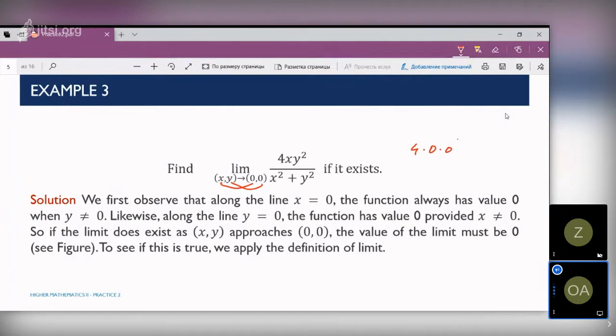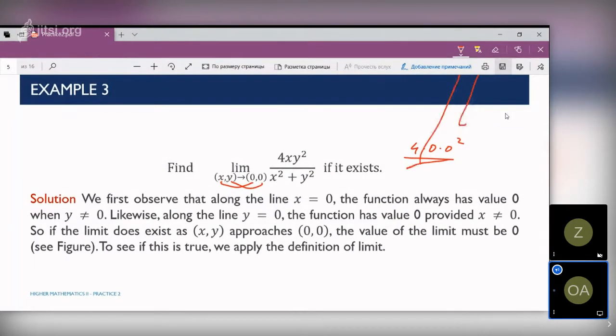So I will get 4 times 0 squared over, sorry, 0 squared plus 0 squared. So this will be 0 over 0. I think it's undefined. So if the limit exists, x, y approaches 0 and 0, the value of the limit must be 0.